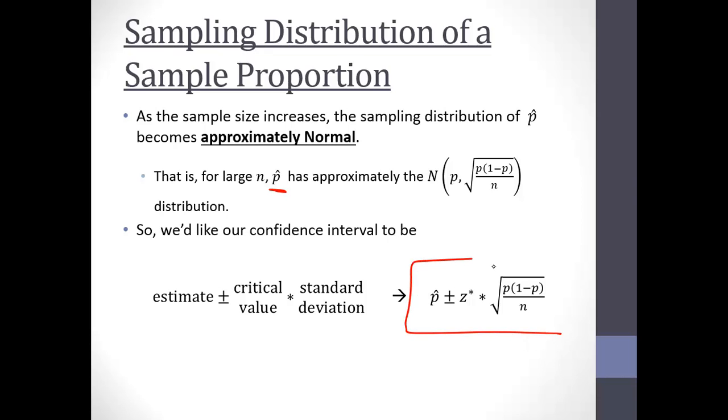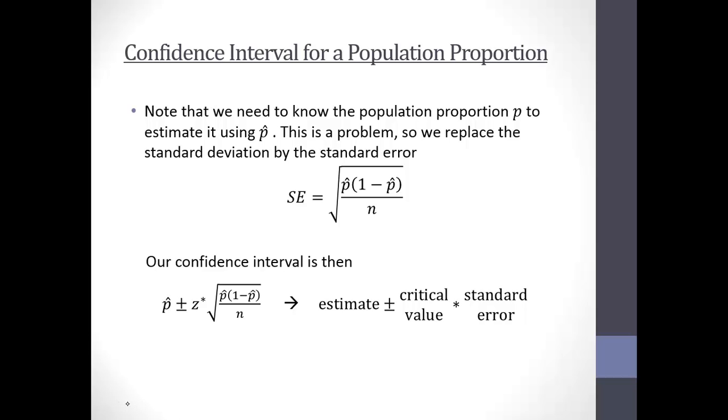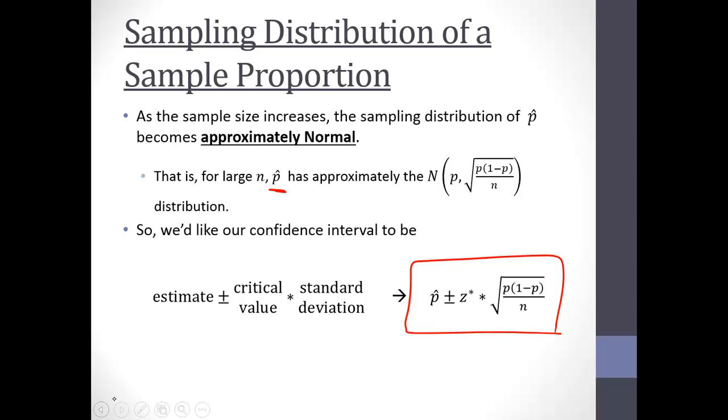We would like our confidence interval to be this thing right here: our estimate P hat, adding and subtracting a z star times the standard deviation. But of course, if we're trying to estimate P, note that P is floating around in this formula, so we can't actually use this.